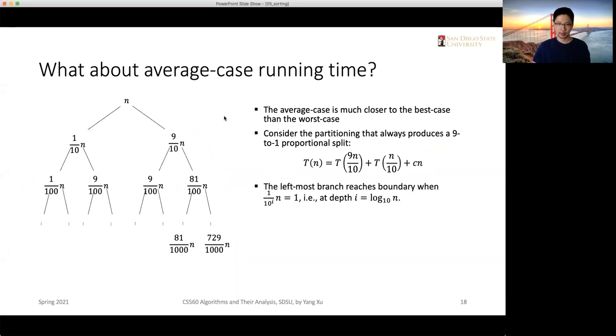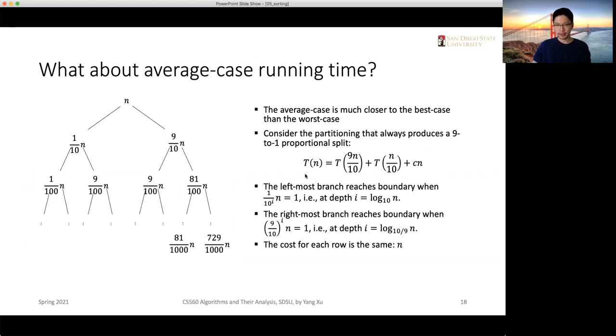What about we look at the cost for each row? The depth 1 adds up together to n, while depth 2 also adds up to n: 9/100 plus 81/100 plus 9/100 plus 1/100.